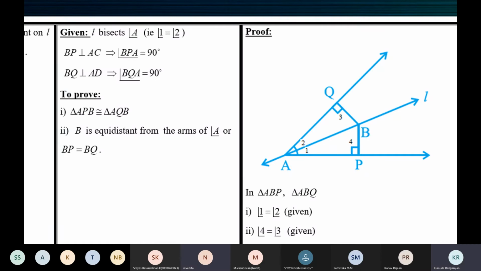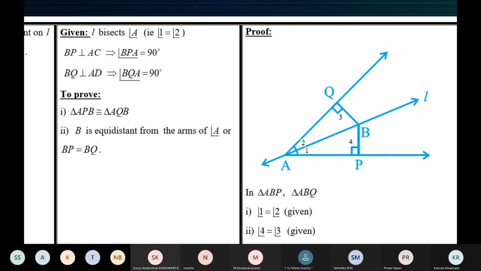There's an angle formed at the vertex A. Name that angle using 3 letters. Okay, Shreyas.